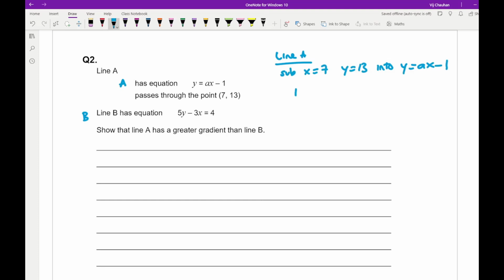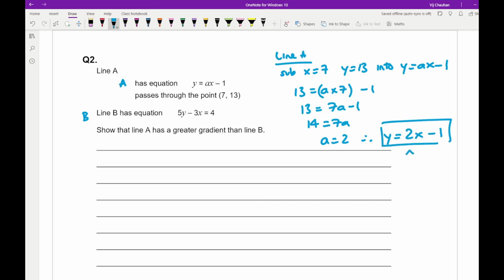If I do that, I end up with 13 equals a times 7 minus 1. So I've got 13 equals 7a minus 1, which is 14 equals 7a. So a equals 2. Therefore the equation of line A is y equals 2x minus 1, which has a gradient of 2.